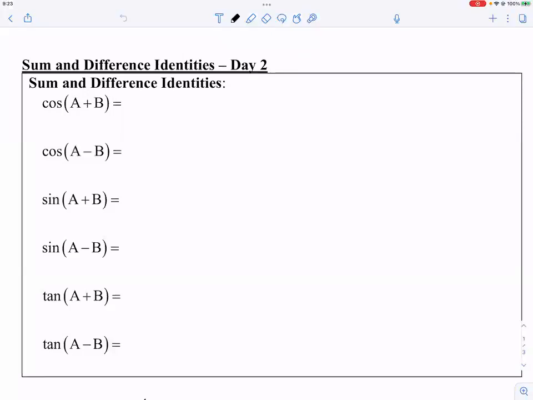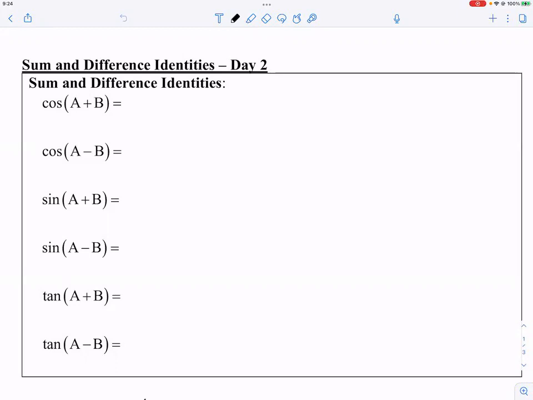Okay, so today's lesson should be relatively short because it's basically built upon what you have done yesterday to see if you know the identities, and then we're going to jam in something that you learned previously to extend the application of these sum and difference identities.